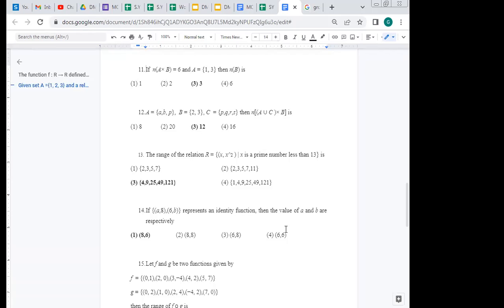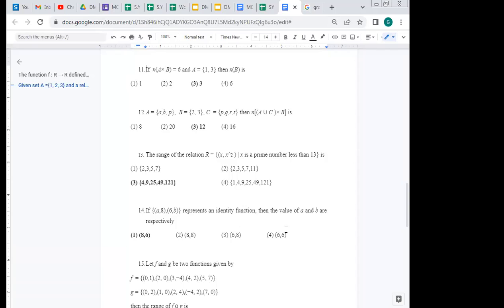A union C, what is A union C? {a, b, p, q, r, s}, that is 6 elements, and B has 2. So 6 into 2 is 12.